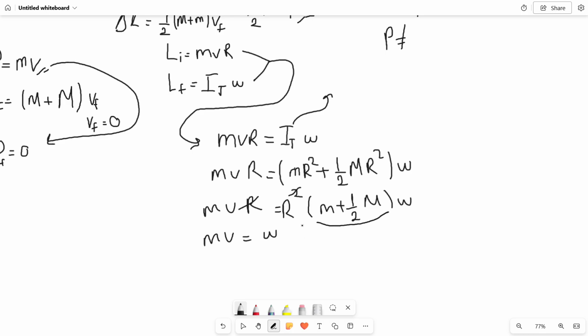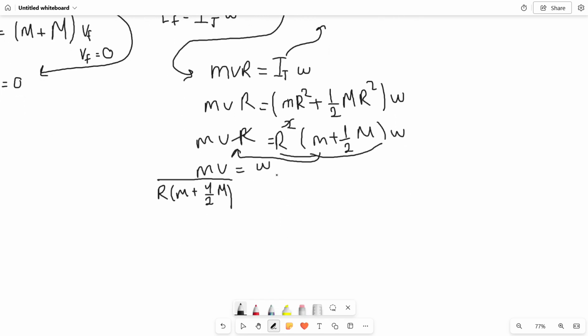We don't need the extra terms, so let's move them to the other side, and write down omega equals m v divided by (m plus 1/2 m) times r. Okay, we found out what omega is.